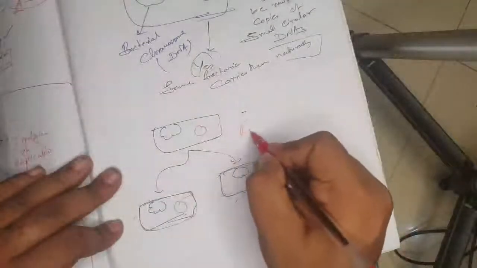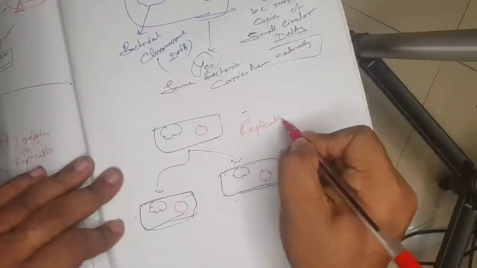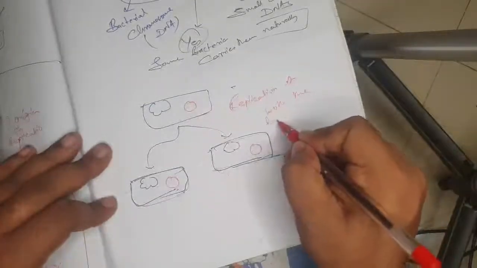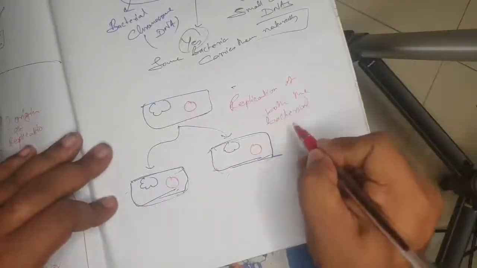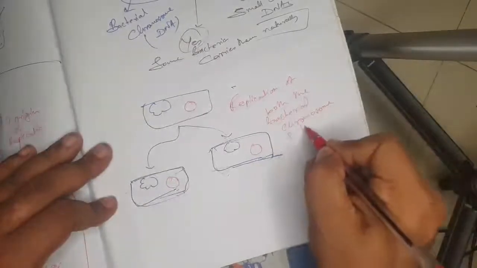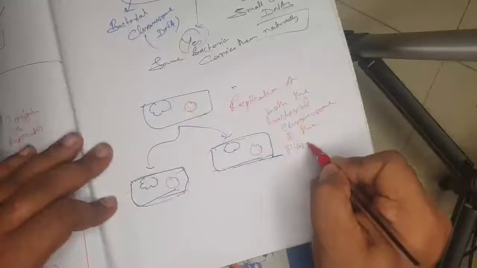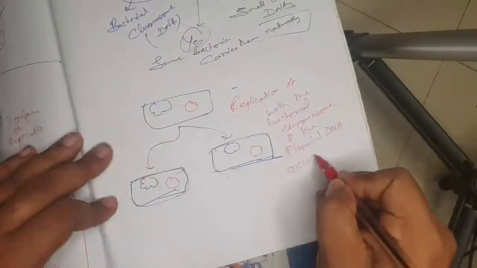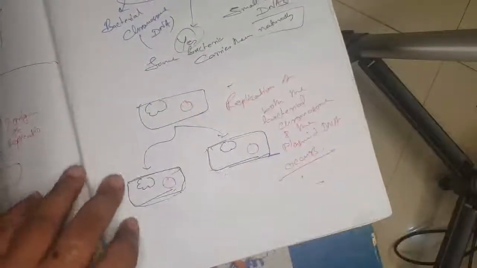So replication of both the bacterial chromosome and the plasmid DNA occurs. This is the thing that you should keep in your mind.